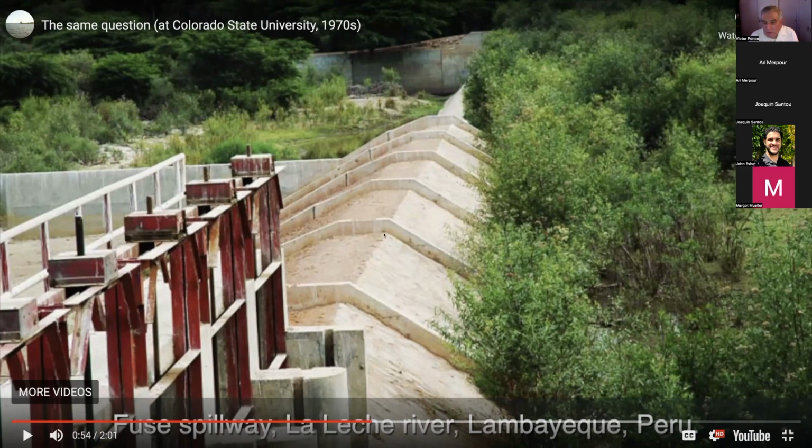I expect this to breach, to be totally gone within an hour. Notice that over here, this is not going to go because this is concrete. But over here, this is going to go because this is sand. It's actually put together to fail. It's a fused spillway, okay?